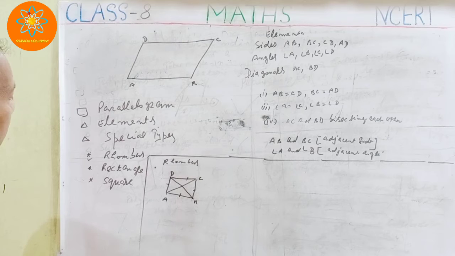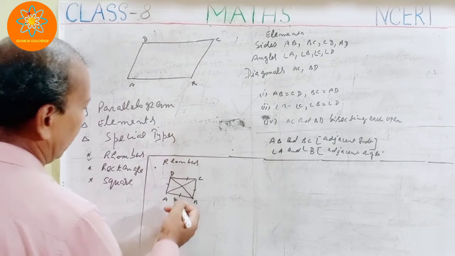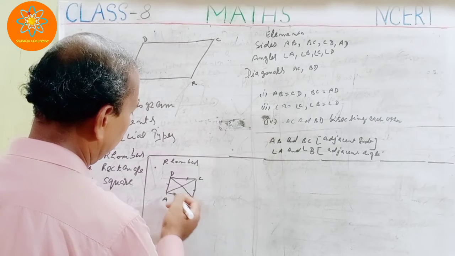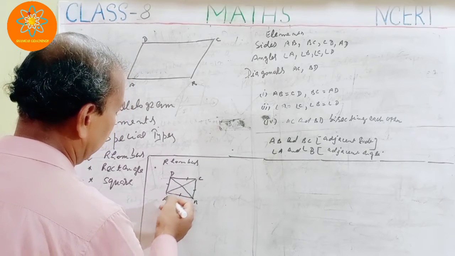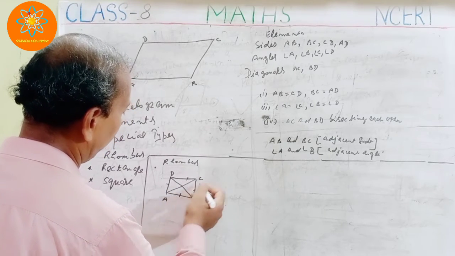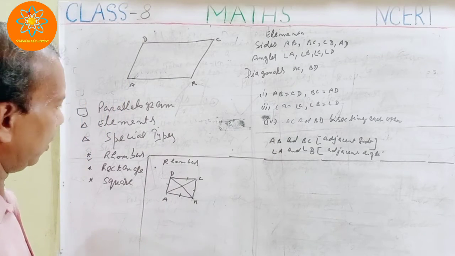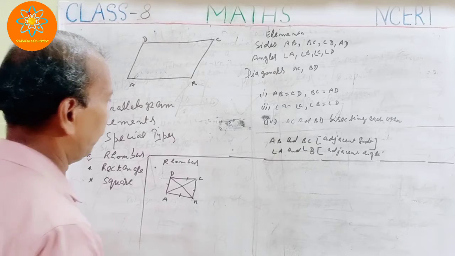And the other properties of the parallelogram are also here, means the pairs of sides are equal and the opposite angles are also equal. So this is the case of the rhombus.